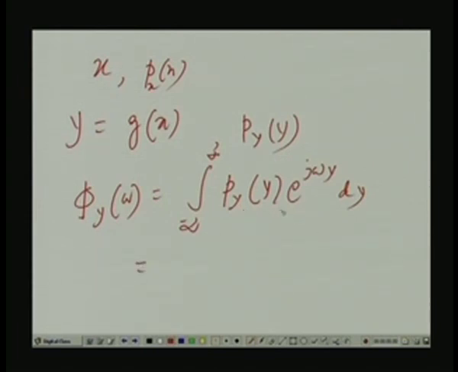So, this is nothing but expected value of e to the power j omega y, but we know y is g x. So, you can also write it this way, e to the power j omega g x p x x.